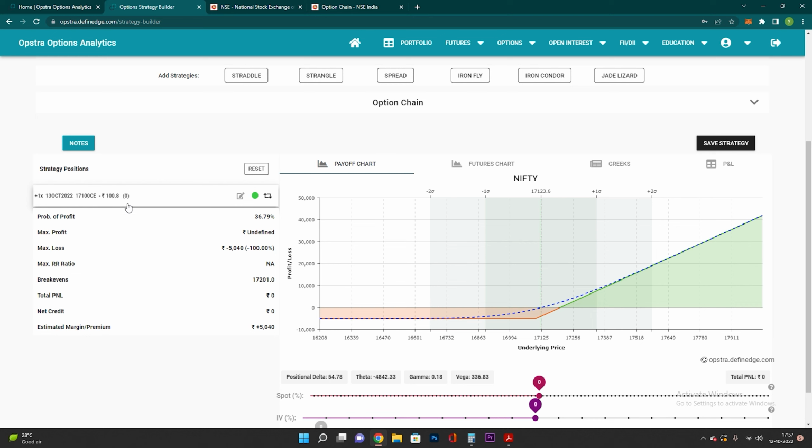This is because of time decay. The probability will be very less, so the profits will always reduce. The chance of going there will reduce, so the premium will be reduced. This is a great enemy for the option buyer. Most of the option buyers will get into this trap.